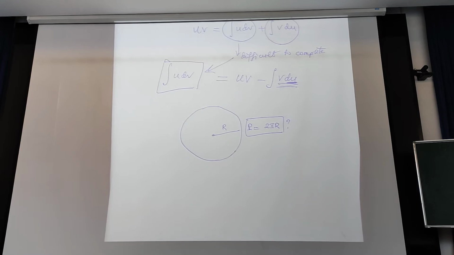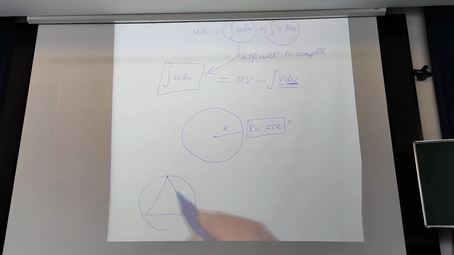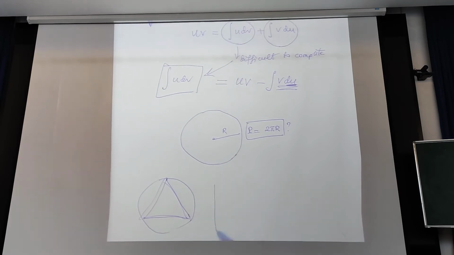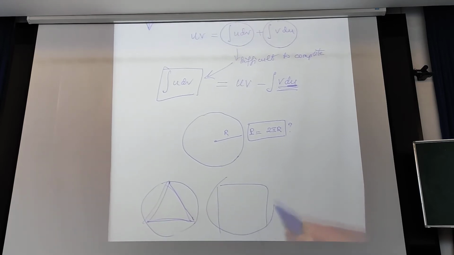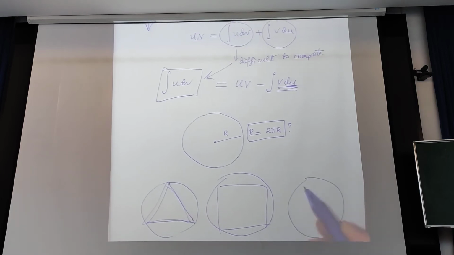So what people do is they think about, first they know that regular triangle can be computed, perimeter, tam giác đều tính được rất dễ, and then square cũng rất là dễ, and then pentagon.